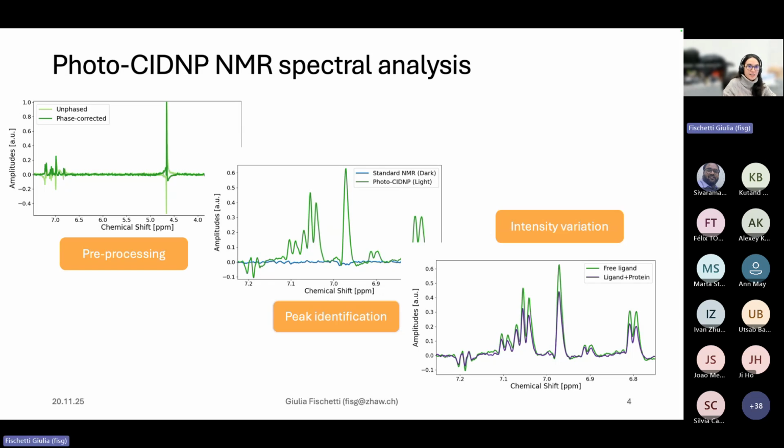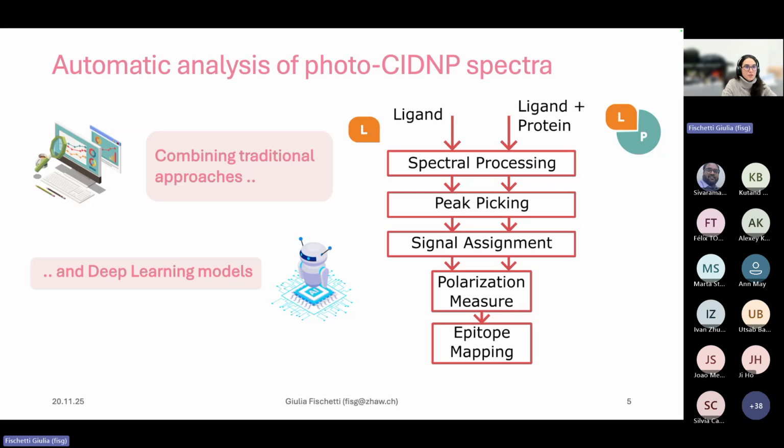Since this can be quite a long pipeline of analysis, we decided to combine both traditional approaches and deep learning models to produce an automatic pipeline that is able to perform all these steps in a matter of minutes rather than hours of work, and that can produce robust and reliable results that can really help scientists in the annotation process of the data.